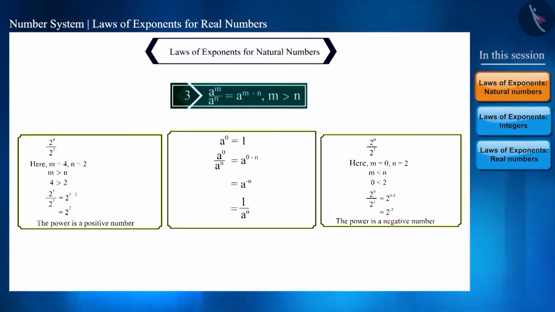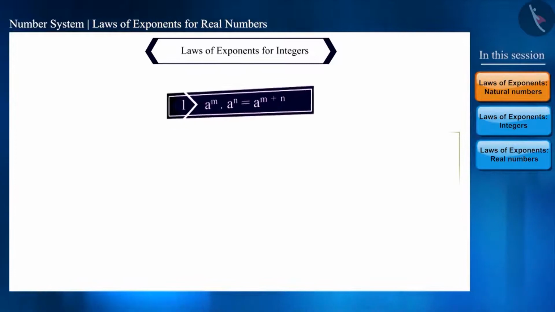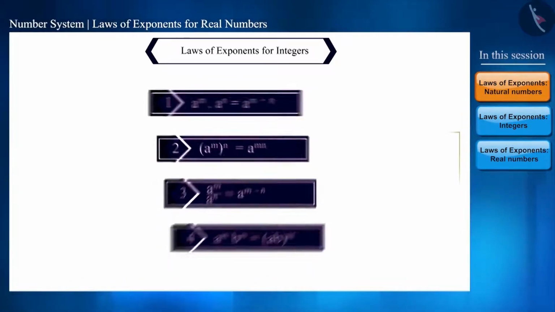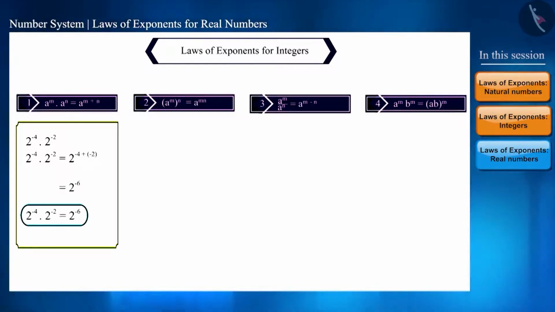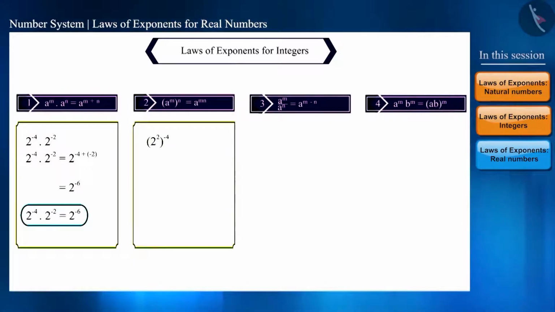Now we can use these rules for negative powers as well. Let's see some examples. If we use the first rule, we can write 2 raised to the power minus 4 multiplied by 2 raised to the power minus 2 as 2 raised to the power minus 6. In the second example, we'll use the second law.